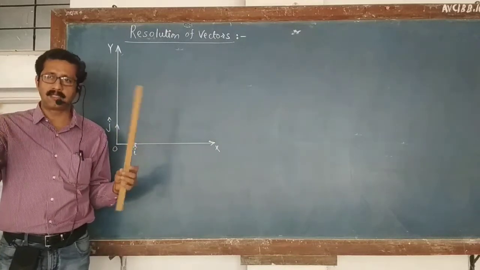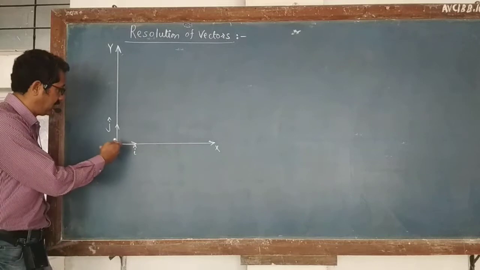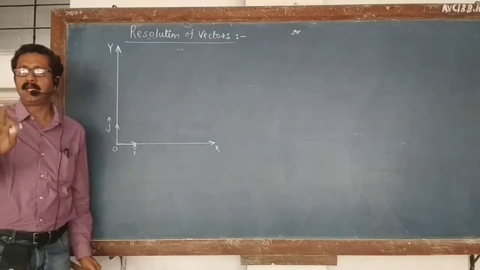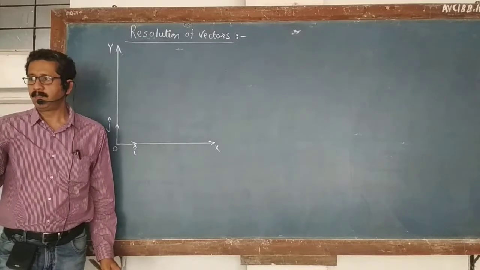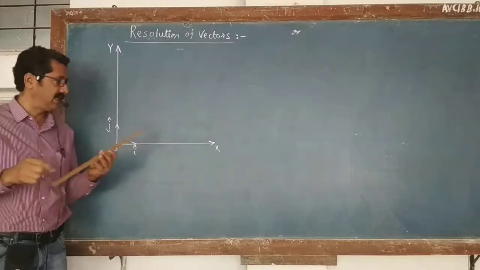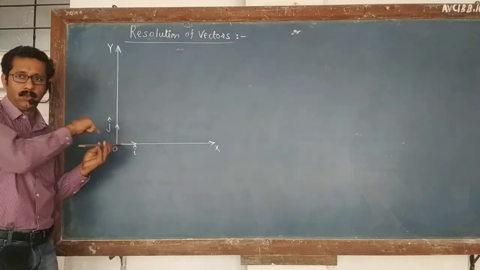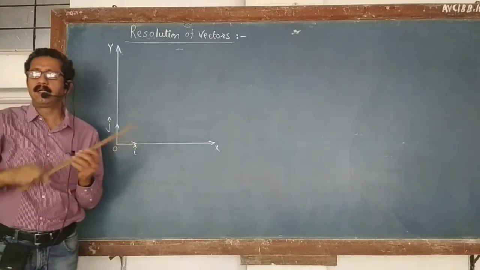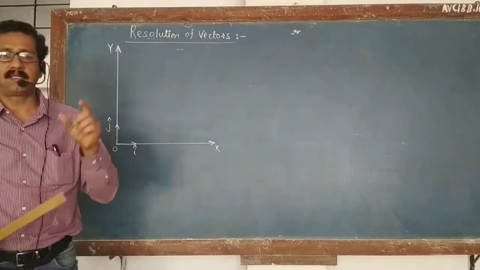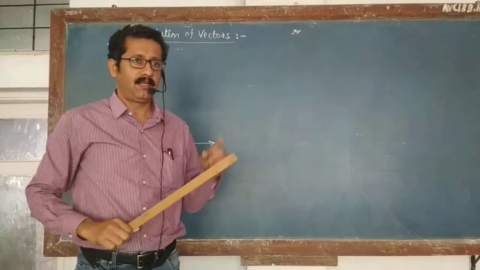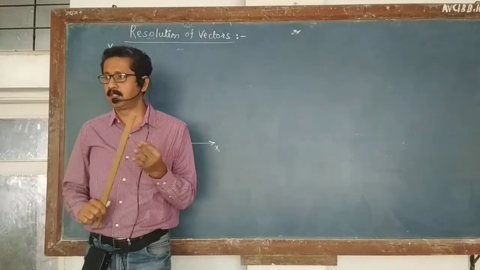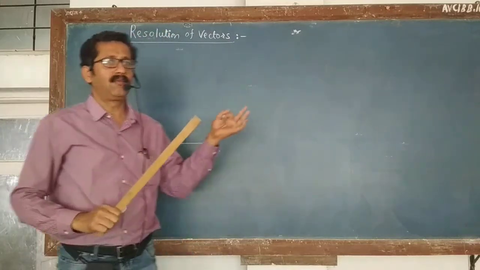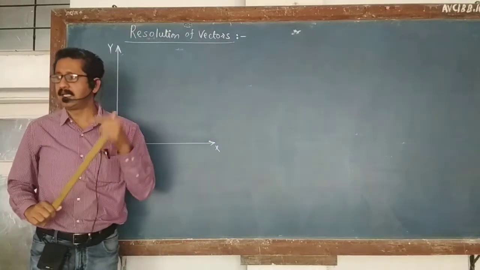Of course I can draw a perspective diagram with the third axis taken somewhere in this direction, but for the time being I am not drawing it. But if I have a z-axis pointing towards you, one unit along that will be considered the unit vector along the z-axis, taken as k cap. So most of the time we have 3 unit vectors, i cap, j cap and k cap. They are the unit vectors along the x, y and z axes respectively.